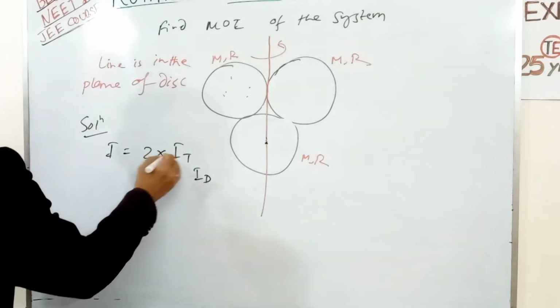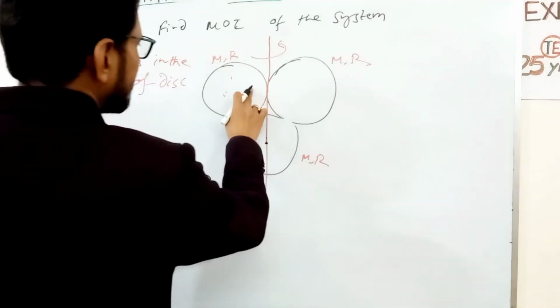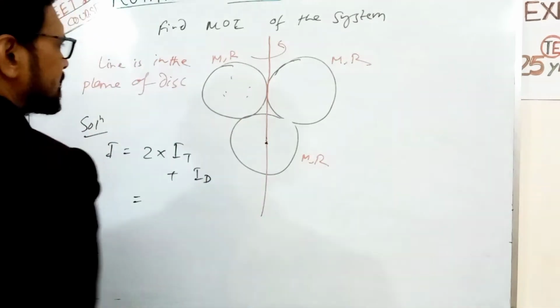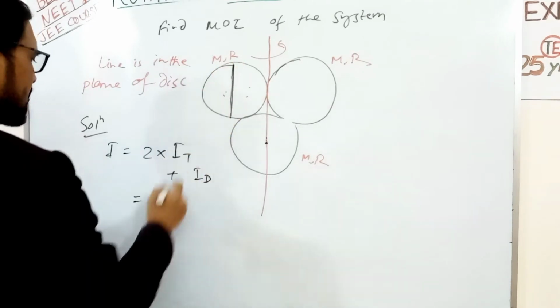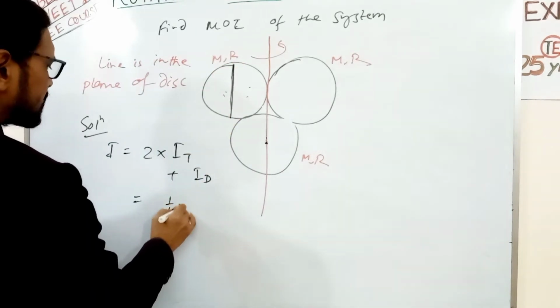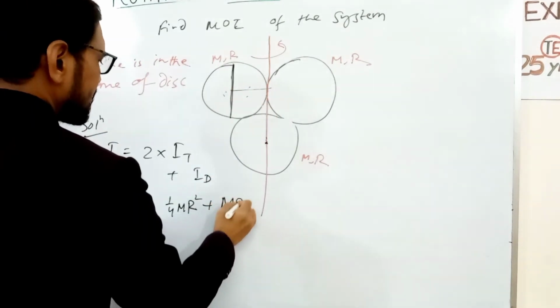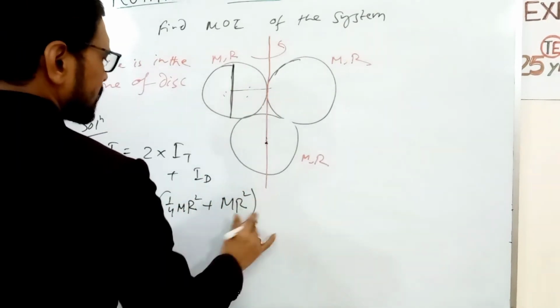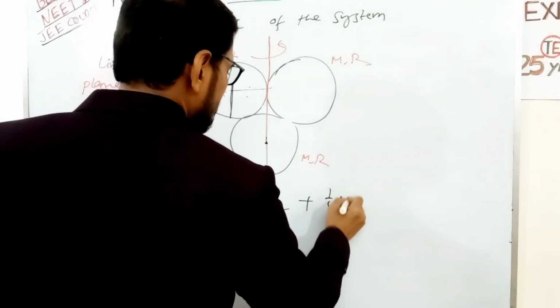So we use 2 into It plus Id. It is the moment of inertia about the tangent, mr square plus mr square into 2 plus Id equal to 1 by 4 mr square.